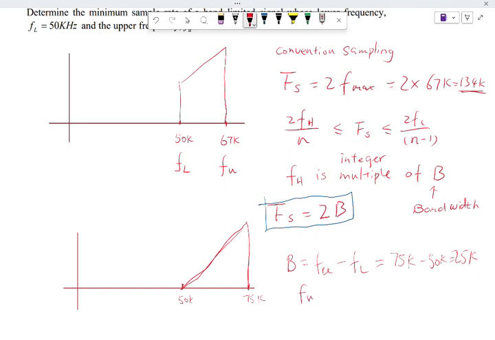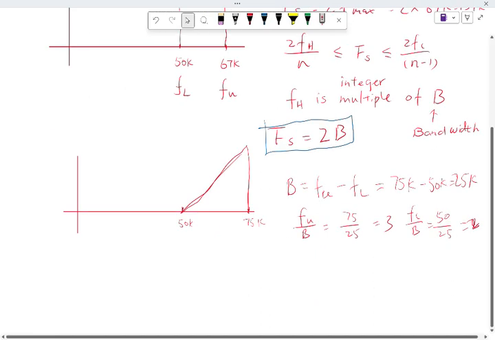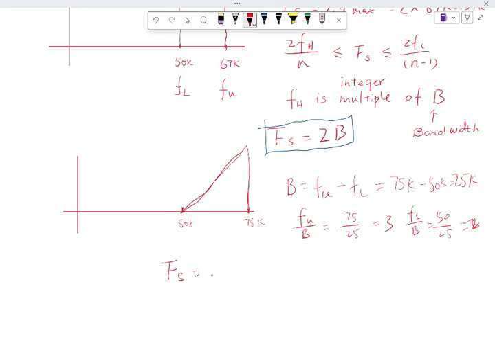The upper bound divided by bandwidth is 75 divided by 25, which is 3, and the lower frequency divided by bandwidth is 2. So this is a perfect integer multiple of bandwidth. So the sampling frequency for this signal we can just set to 2B, which is 2 times 25 kilohertz, so 50 kilohertz.